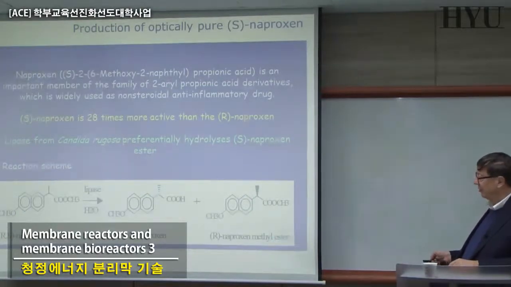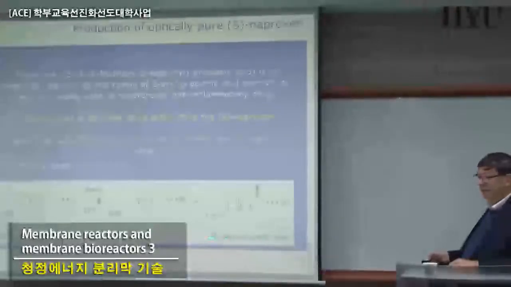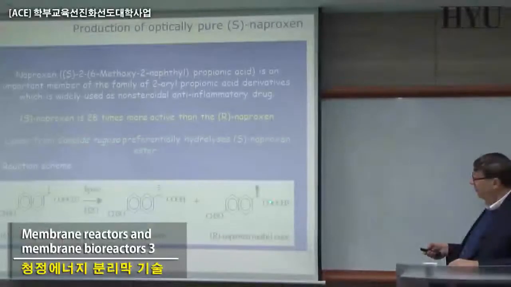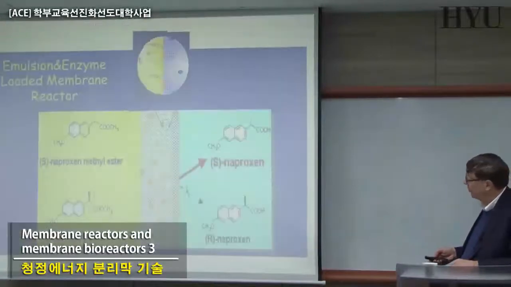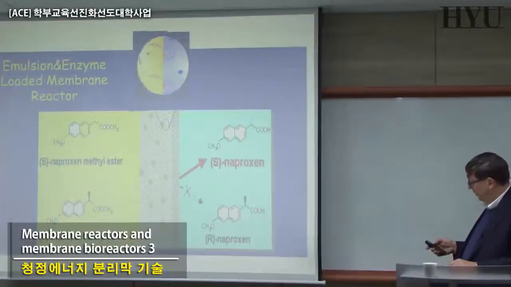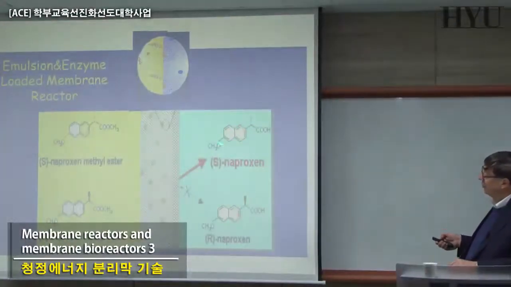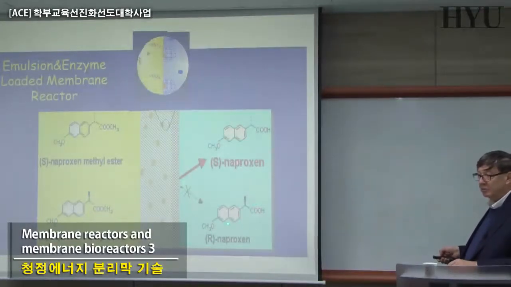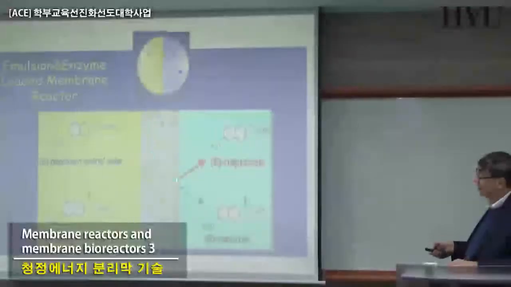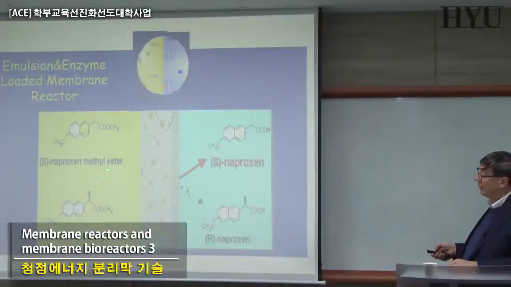And so on the other side, this naproxen methyl ester R is basically not converted, only this form is coming across. So what you have across your membranes is only this form here, and this form here is basically zero, because the catalyst that you immobilize in this membrane is able to operate only on this form of this ester.